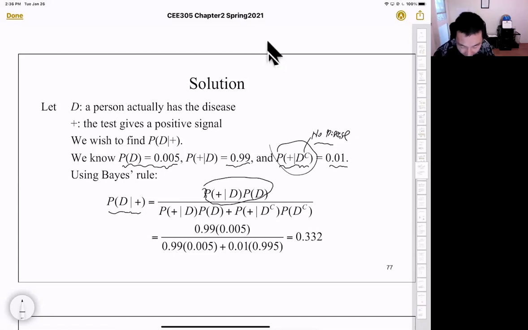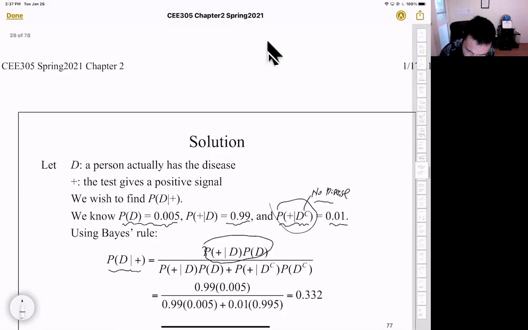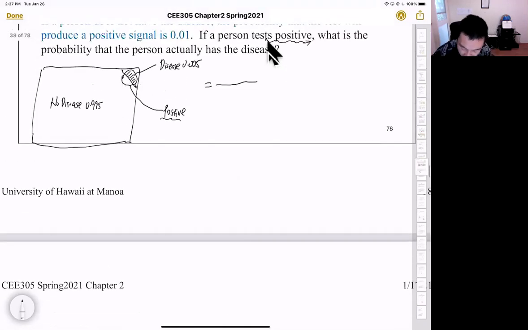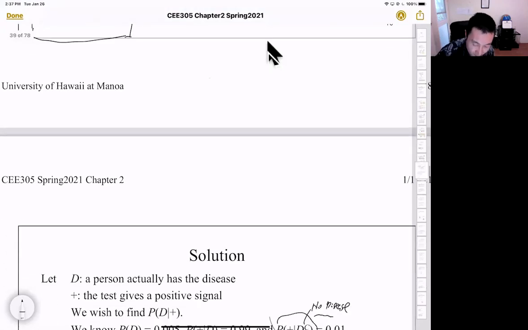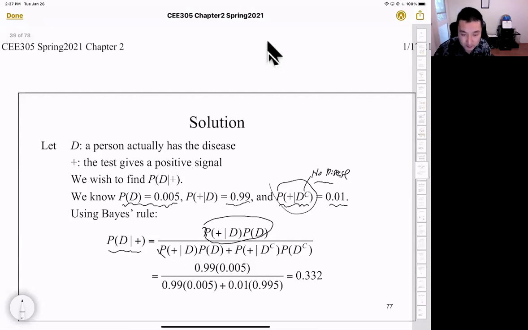This part is equal to that small shaded area, and this part plus that part is again the whole circle of positive.